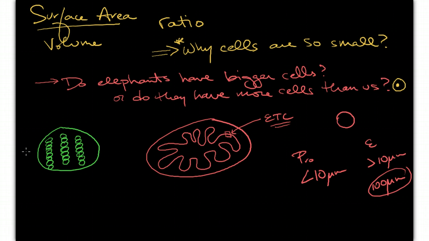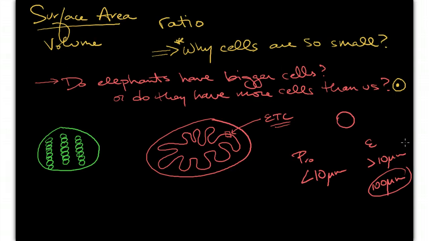There is no internal compartmentalization to form organelles, whereas in eukaryotic cells there is internal compartmentalization.